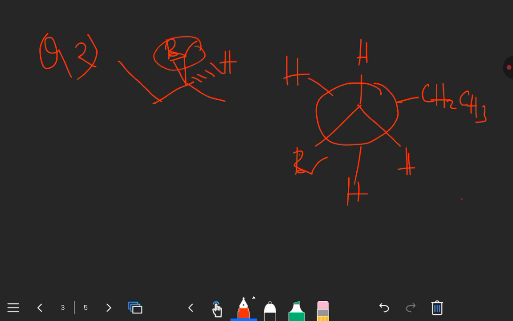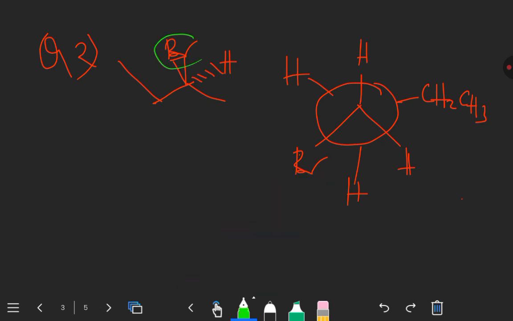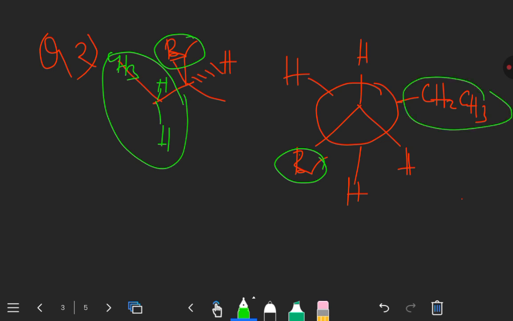So we have a Br there, the same Br which is there. Then we have this ethyl group, which is here, because this one has a hydrogen and another hydrogen, then a CH3 at the end. So this is an ethyl group, which is just the same as that ethyl group there.